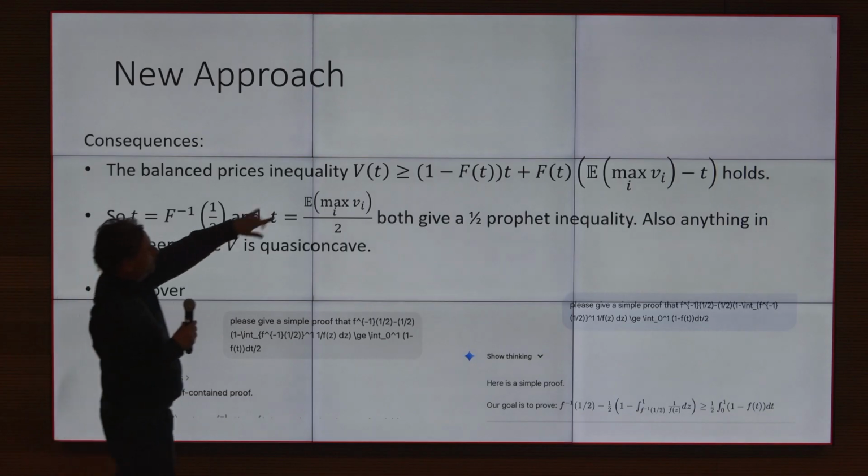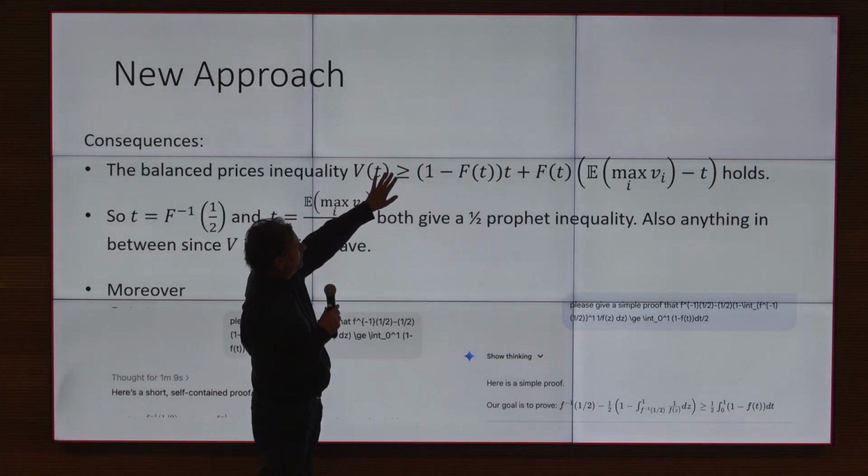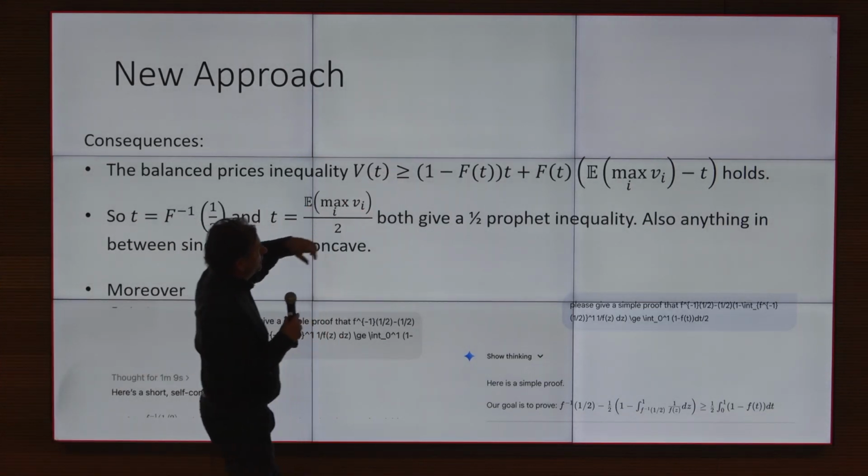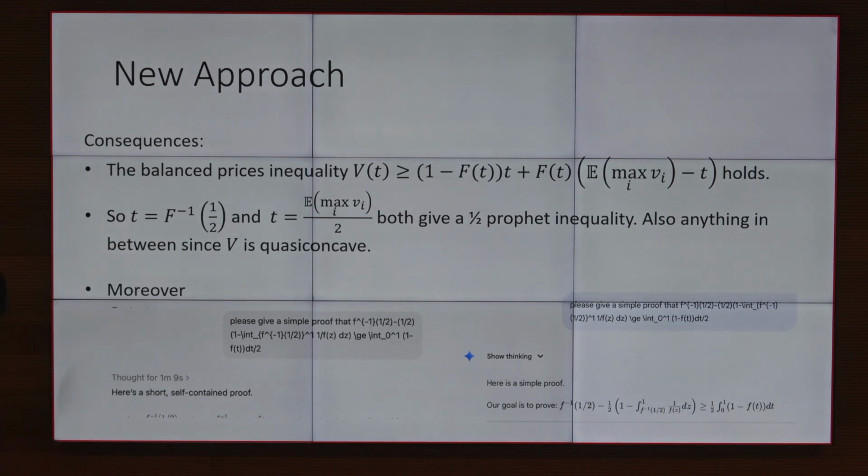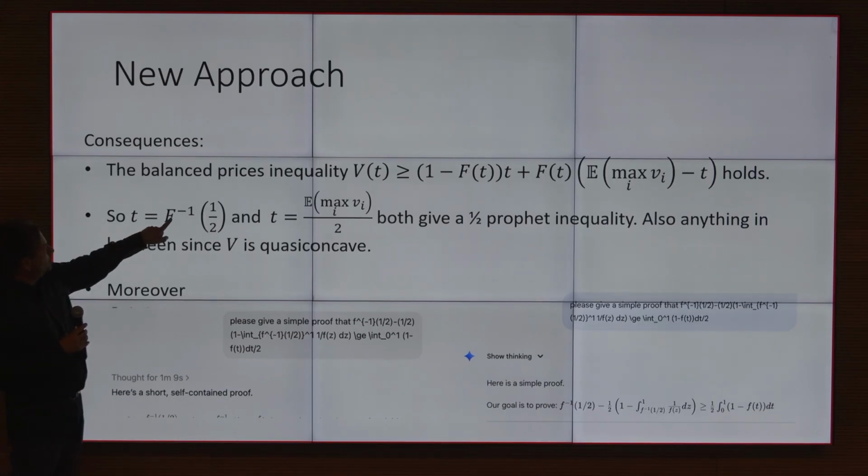First of all, it's fairly easy to prove that you satisfy this balanced prices lower bound. But what is more interesting is that you go to ChatGPT or Gemini and say, hey, we have this differential equation. Can you check whether t equals F inverse of 1/2?